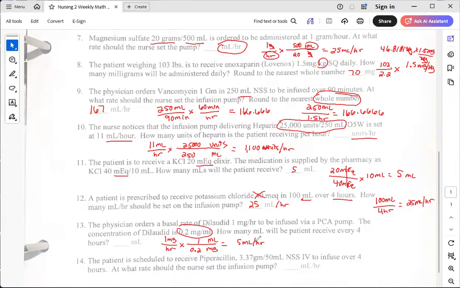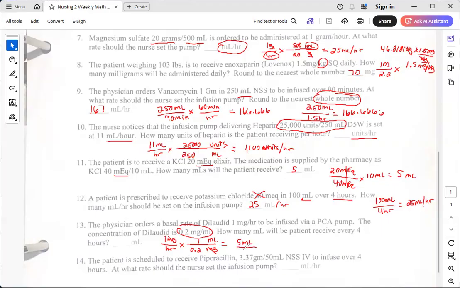Now, what I don't know is, are they receiving 5 milliliters per hour? Are they receiving 5 milliliters every 4 hours? That's where this question's a little bit confusing to me. But given the fact that they also tell us that we have 5 milliliters per hour and that we have 4 hours here, I'm just going to make a little switch here.